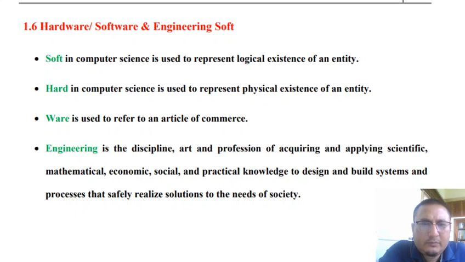Now, soft in computer science is used to refer to the logical existence of an entity, an entity that logically exists. For example, whenever you prepare for your examinations, you learn from a book that physically exists.